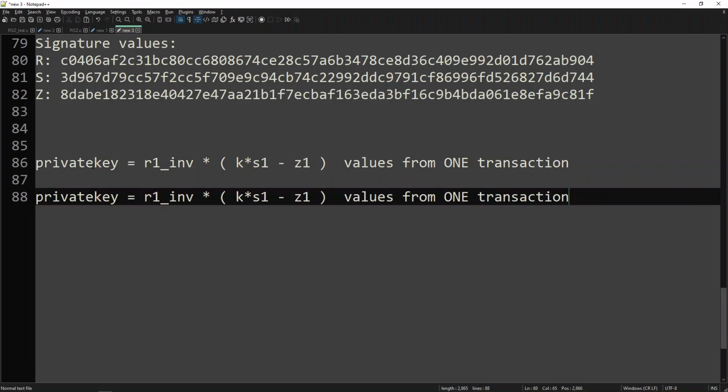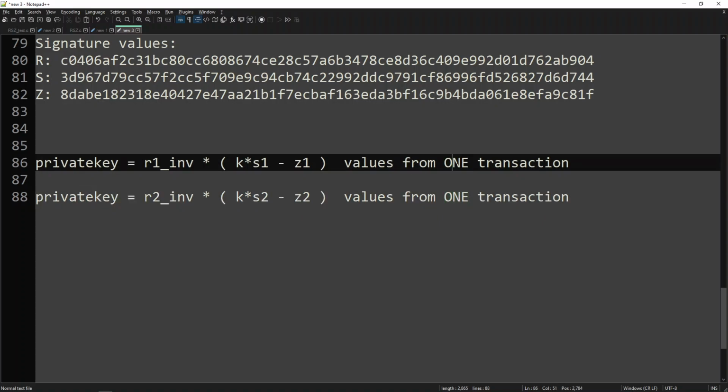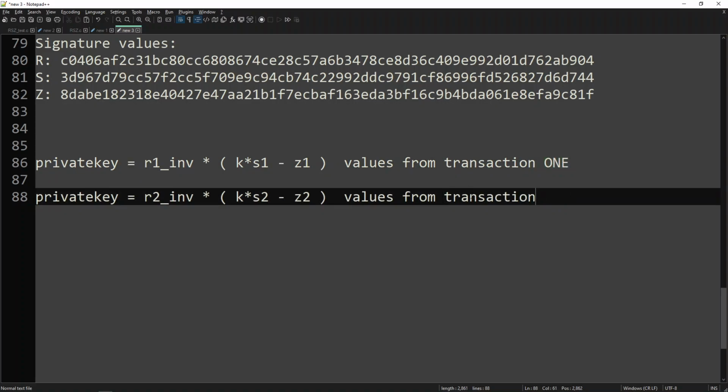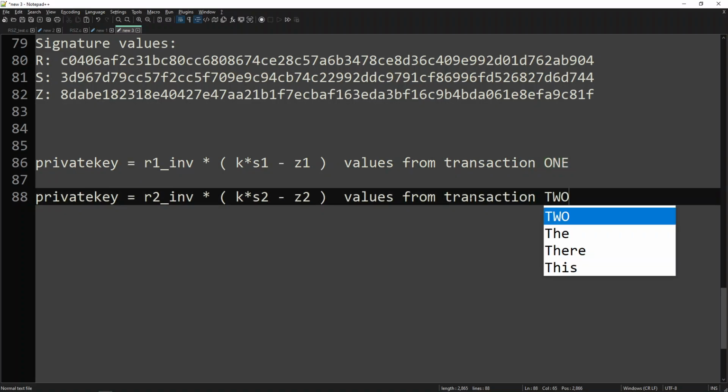And let me copy this again. R2 inverse, S2 and C2 values from transaction 1 here, transaction 2 here, right?